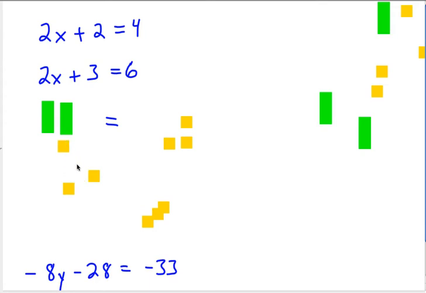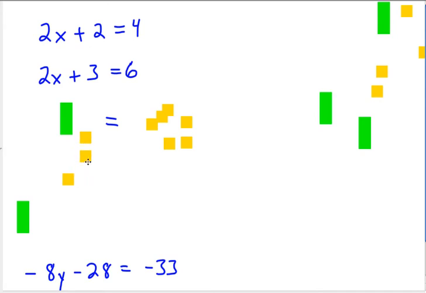However, if I was going to divide both sides by 2, that's a little more challenging because I have 2 of these green, so when I divide by 2, one of those goes away. But now I have 3 squares, so when I divide by 2, I get rid of 1 1/2 of them. So I now have a fraction.